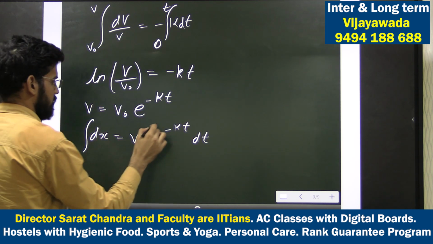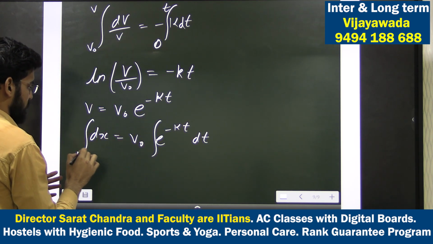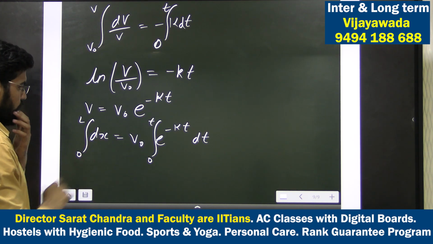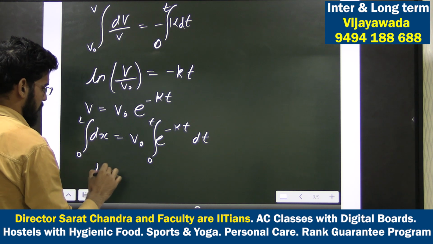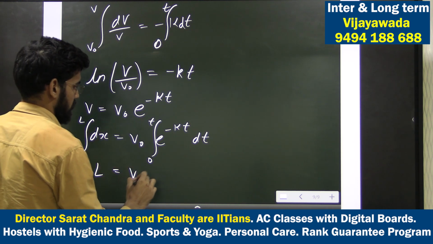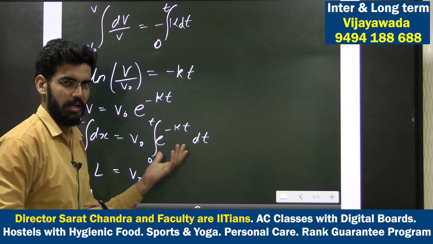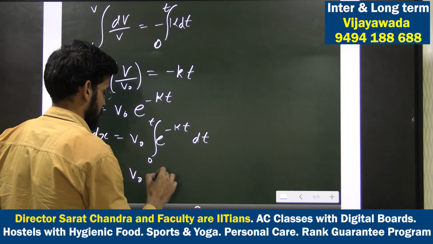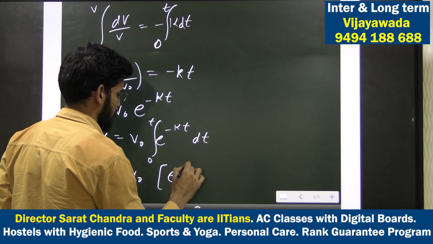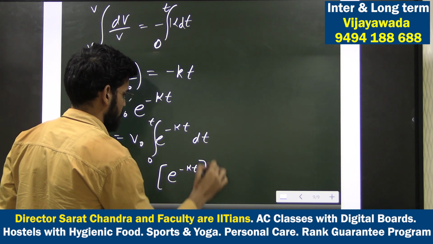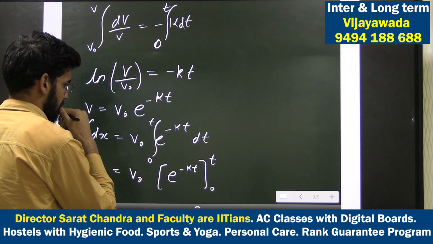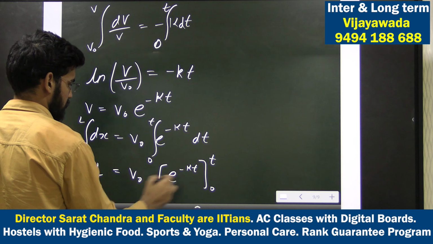Integrate from where to where? Let's integrate from 0 to L, where time is 0 to t. I want to find out the t only. So here integration gives L, and here v naught times the integral. If you know that better, you are good at integration, right? So what we have is e raised to power minus kt from 0 to t, and you will have it divided by minus k.